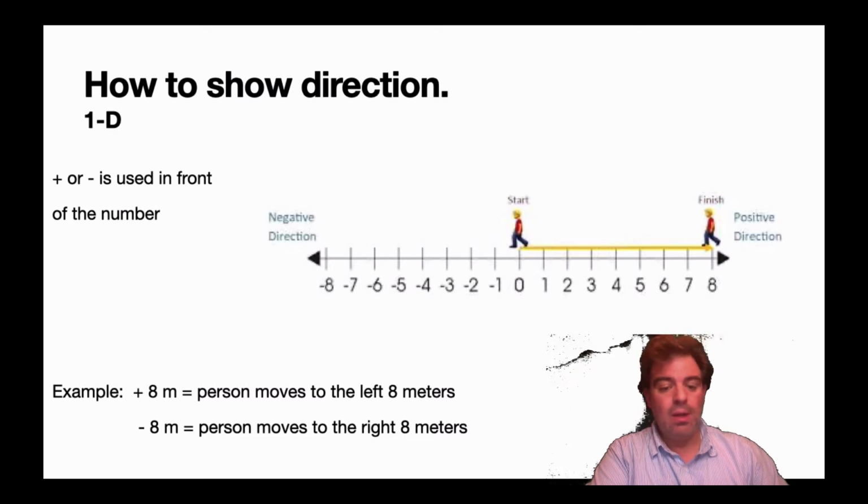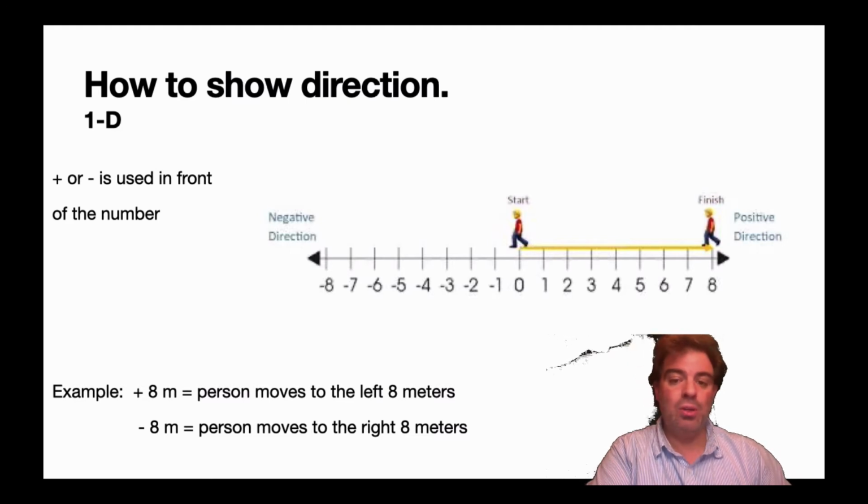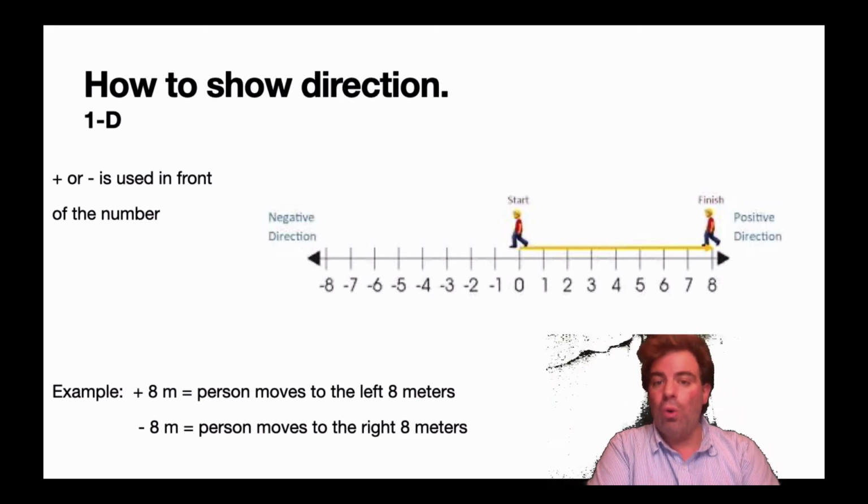That means that the person, for example, moves to the left 8 meters. Whereas if you have negative 8 meters, it means that the person moves to the right, the other direction, 8 meters. What makes positive or negative left or right is completely up to you. As long as you put one direction to be positive and the other direction to be negative, you will always get your answer correct.